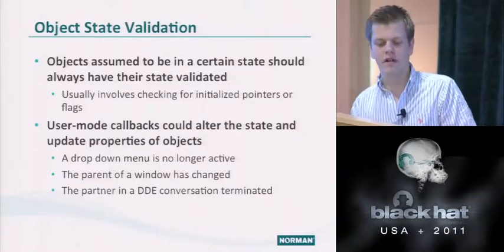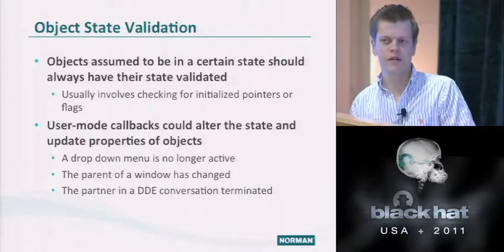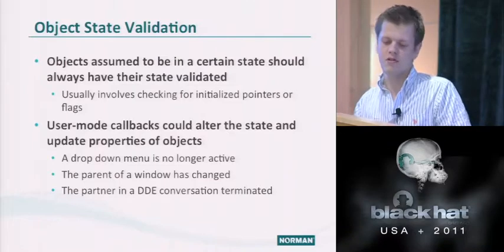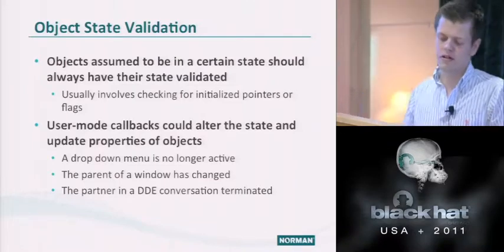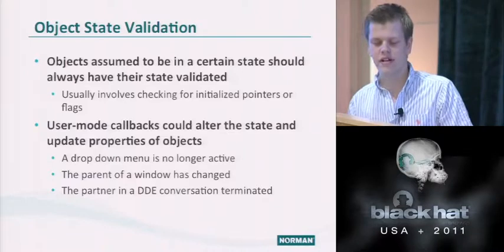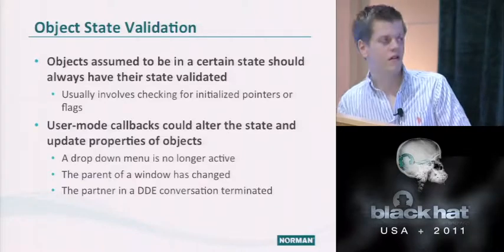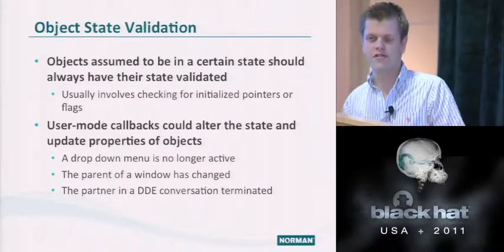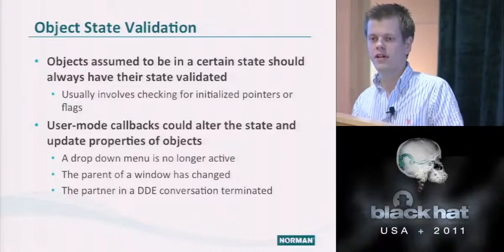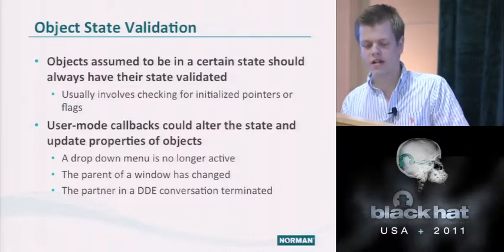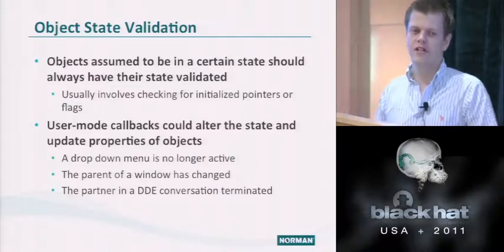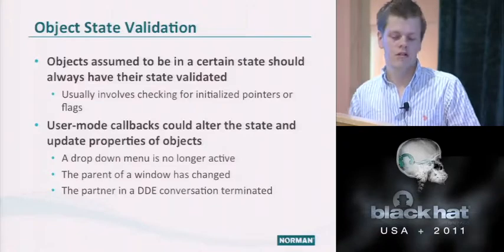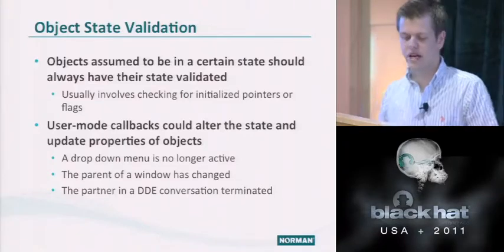So that was one of the vulnerability classes. There's also what I like to call object state validation. All objects assumed to be in a certain state should always have their state validated. This usually involves checking for initialized pointers or checking for flags or something like that.